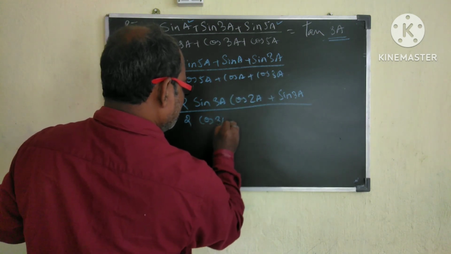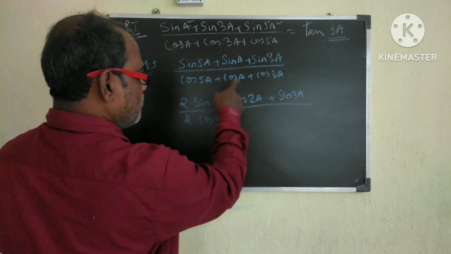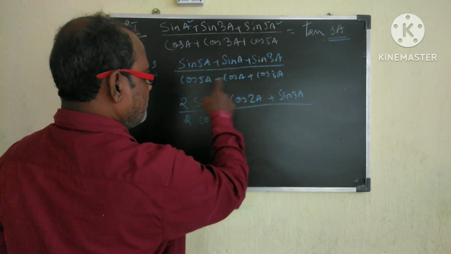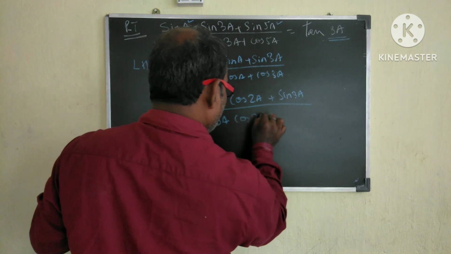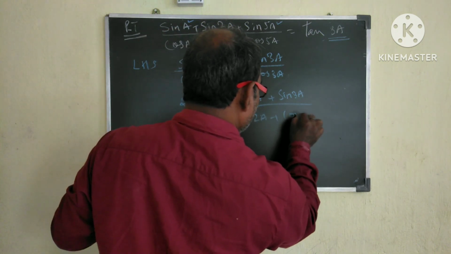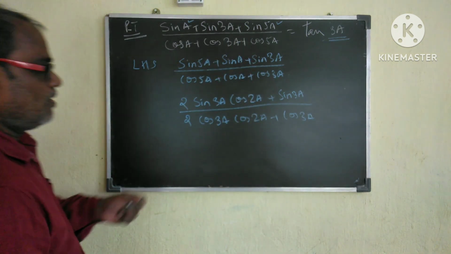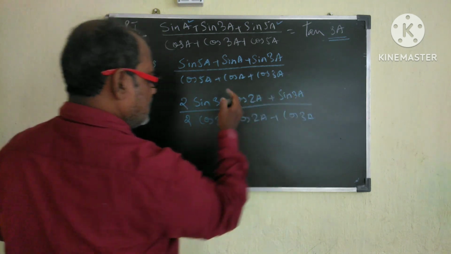cos 3A cos 2A, as cos C plus cos D is 2 cos (C plus D) by 2 cos (C minus D) by 2, plus cos 3A. Now see here, from the numerator we are getting sin 3A as a common.